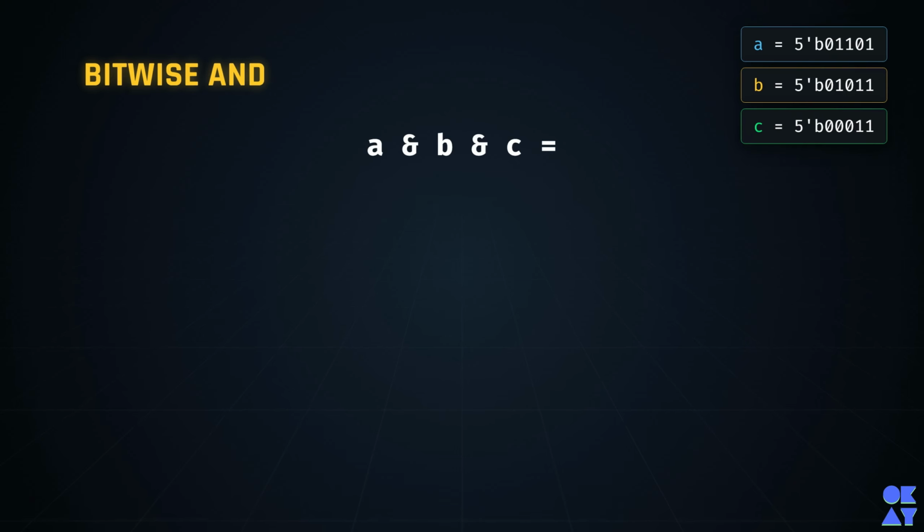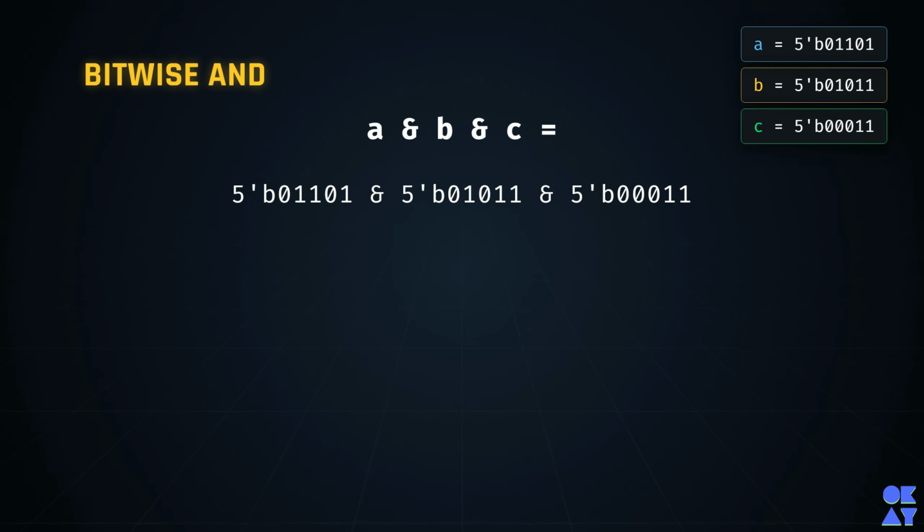A and B and C is 5'b01101 and 5'b01011 and 5'b00011. Now do it bit by bit. First bit, 0 and 0 and 0 is 0.